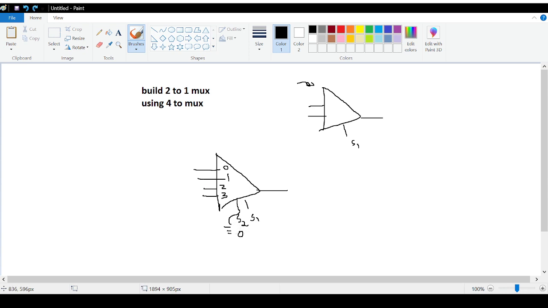Since S2 is grounded, input numbers 2 and 3 will never be selected, so we can discard these inputs. In that way, we only have S1, and depending on its value, either input number 0 or 1 will be selected. If I pass 0, 1 from here, input number 1 will be given as the output. So this is how we can convert a bigger mux to a smaller one by grounding the MSB.